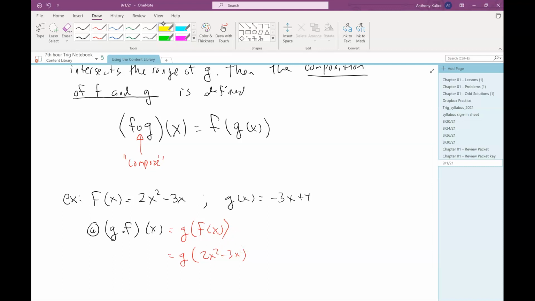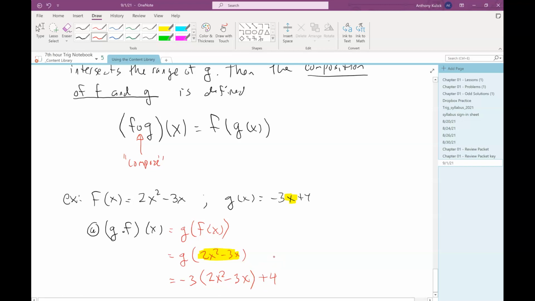And when I have function notation like that, this is telling me that I'm going to plug 2x squared minus 3x into the x's in g. So I'm going to write this as negative 3 times 2x squared minus 3x, and then plus 4.